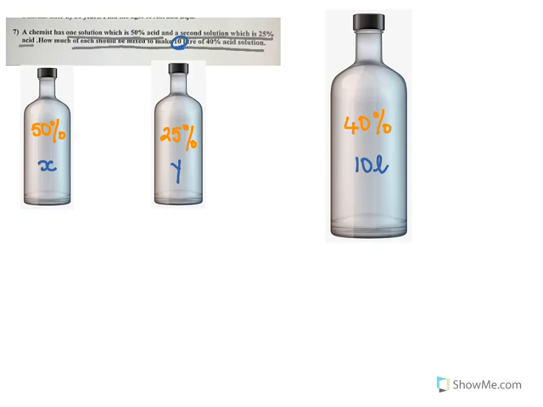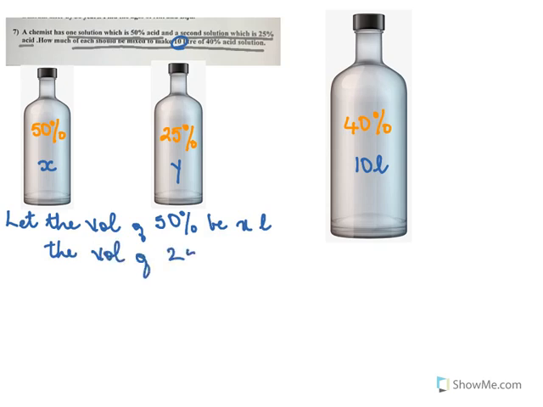X liters of 50% are mixed, say, with Y liters of 25% to give you, here they said 10 liters. The capacity of this is 10 liters. So we've got to make two equations. First, let us see what we take as x and y. As we've already seen here, let the volume of 50% acid be x liters, and the volume of 25% be y liters.